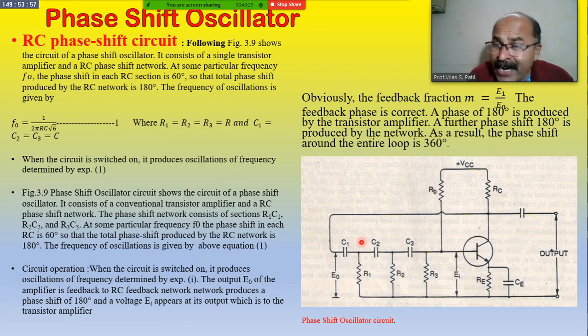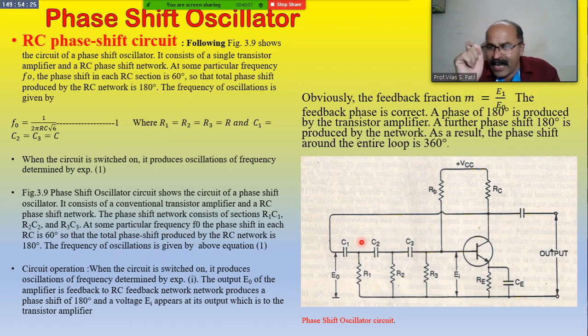Here it is very difficult to keep the magnitudes of R1, R2, R3 similar. Keeping the magnitudes of these three resistances equal, and of the three capacitors C1, C2, C3 equal, is a typical task and it increases the difficulty level.